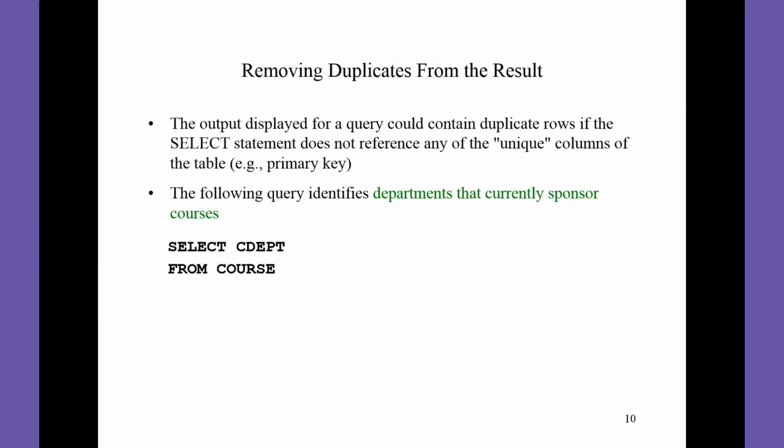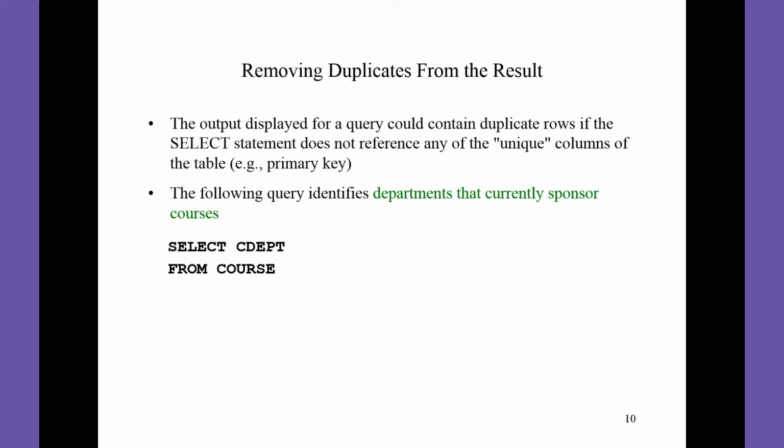When the list of columns being returned by a query does not include any of the unique columns, say the primary key, there's a possibility that the results set could contain duplicate rows. Let's consider the following query. The objective of this query is to identify the departments that currently sponsor courses.